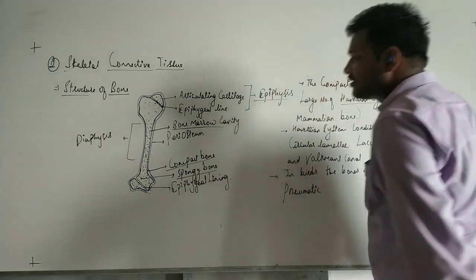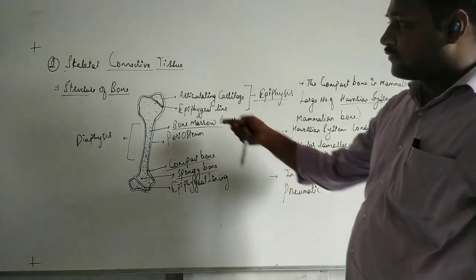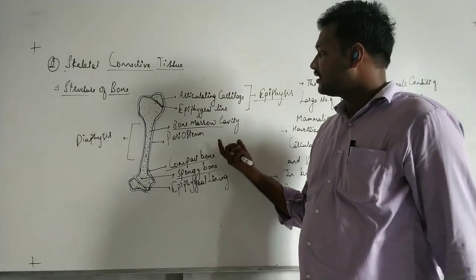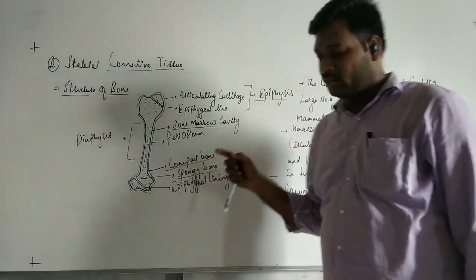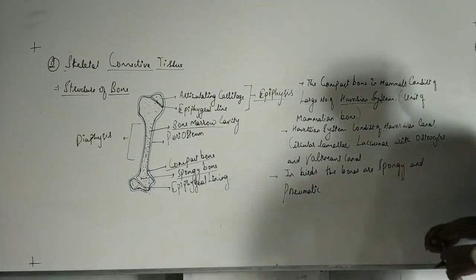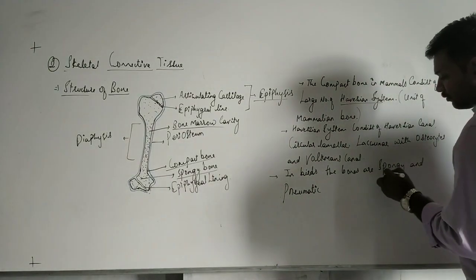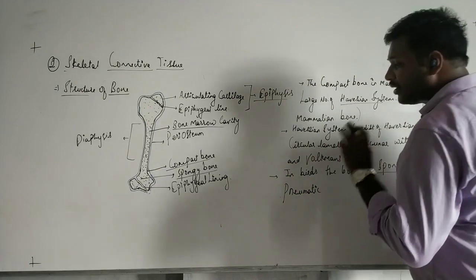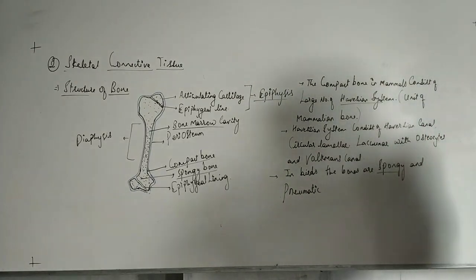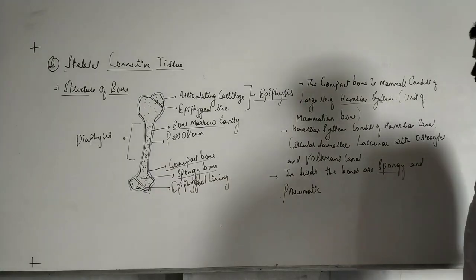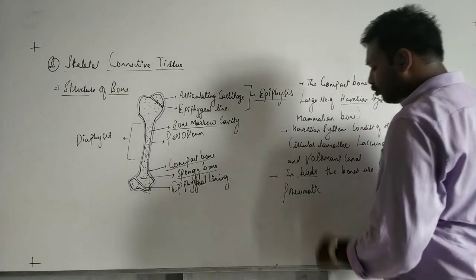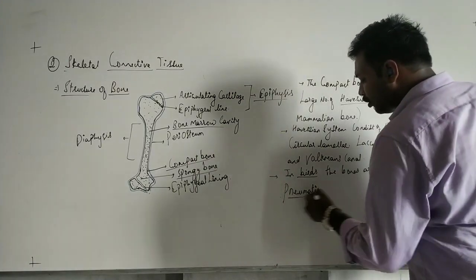As we have discussed, in human bone or mammals, the bone is spongy as well as compact. But in birds, the bone is spongy as well as pneumatic. Pneumatic means there is a hollow cavity, a hollow part where the bone marrow cavity would be. So in birds the bones are hollow, which is called pneumatic.